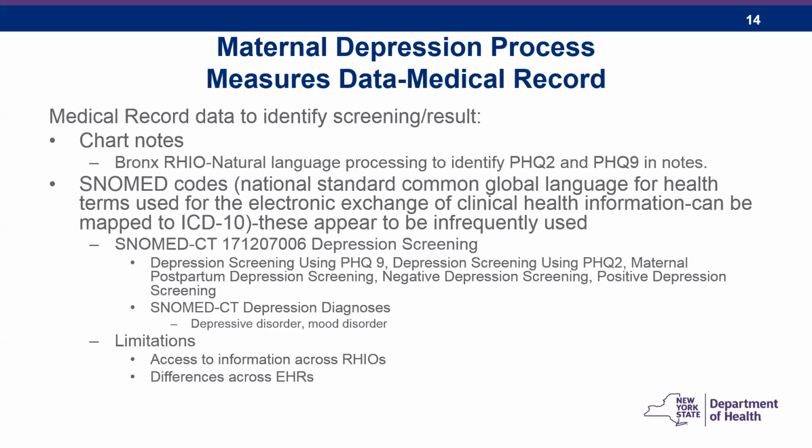In discussion with some of our measurement experts here in the department, it seems like they're infrequently used, although they are doing a few pilot studies looking at these codes for different entities like diabetes. But there are some pretty good codes that are included in measures nationally for depression screening and result negative depression, positive depression screening, and for depression diagnoses as well. They're clinical diagnostic data for the most part, although they do include screening.